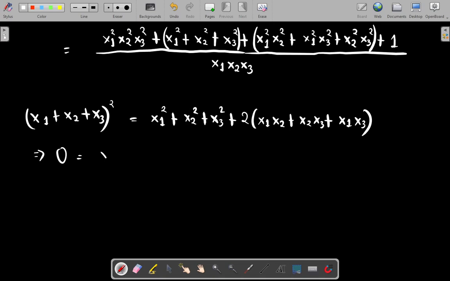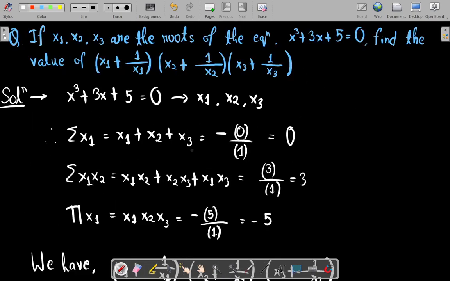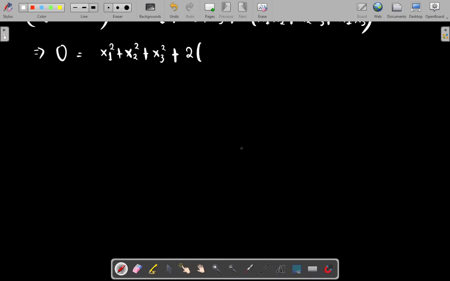The product sum is given as 3, so 2 times 3 is 6. If it goes to the other side, it becomes minus 6. So we got one sum.